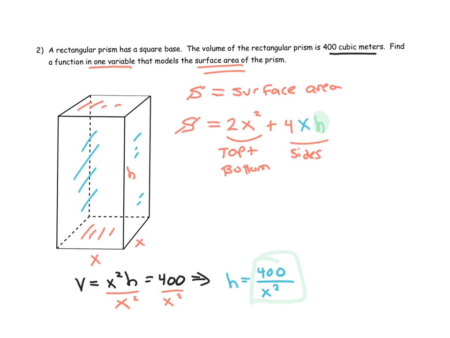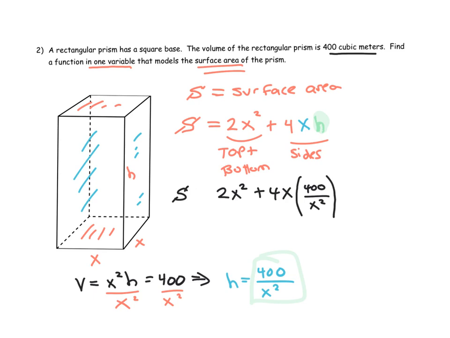And then I will have the surface area in terms of one variable, namely the length of the square at the bottom, the square base. Okay, so this is going to be S equals, so 2x squared stays the same, plus 4x, so my h now becomes 400 over x squared.